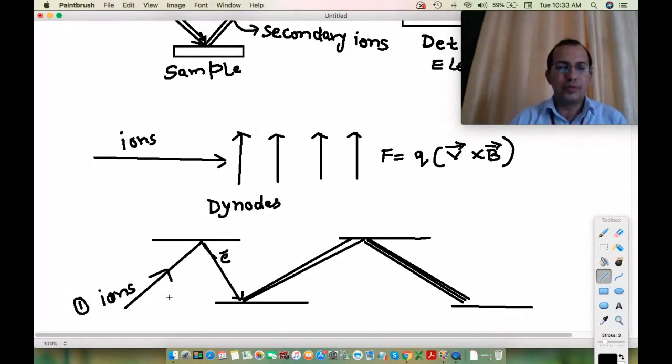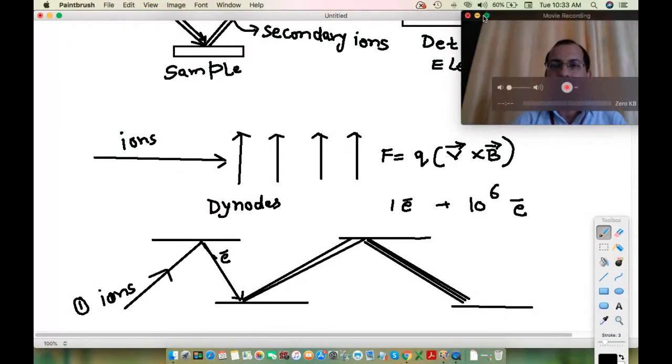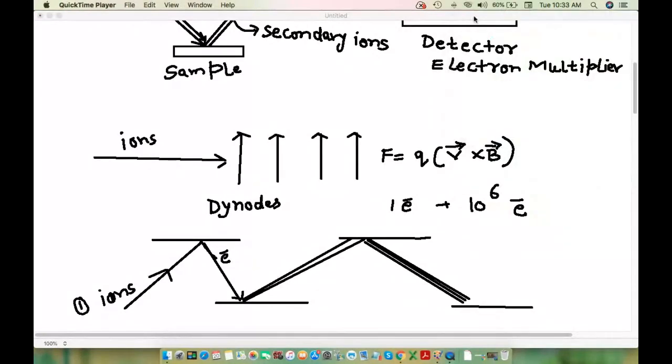Corresponding to one ion or one electron, there will be about 10 raised to the power 6 electrons generated finally.